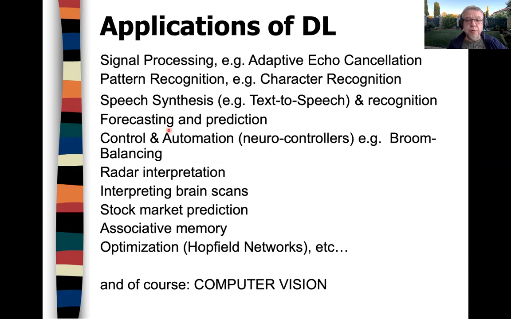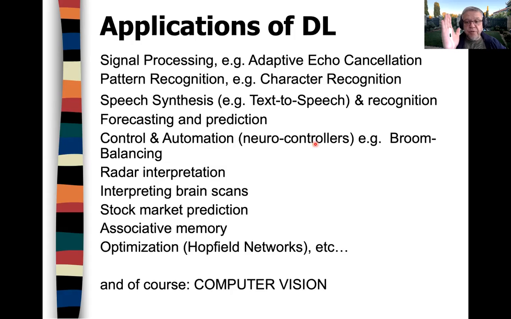You can use artificial neural networks for forecasting and prediction. You can also use them for control and automation, so you can design what are called neurocontrollers. For example, you can have reinforcement learning for the broom balancing problem, i.e. to balance a broom to make it stand. Whenever it falls, you give it a penalty.